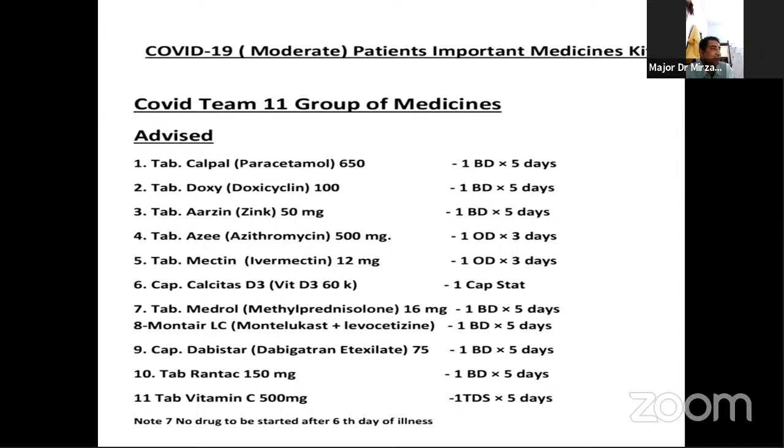Doxycycline is never used to prevent secondary infection in a COVID patient. Its role is because it is known to induce the level of thrombospondin 1, which directly inhibits vascular endothelial growth factor, which inhibits the angiogenesis.